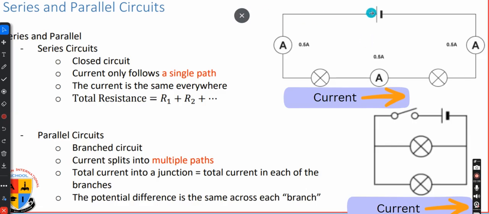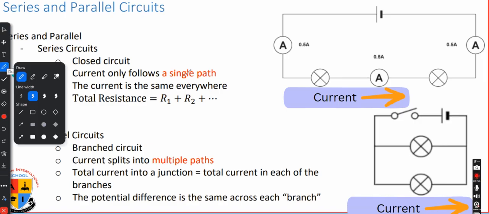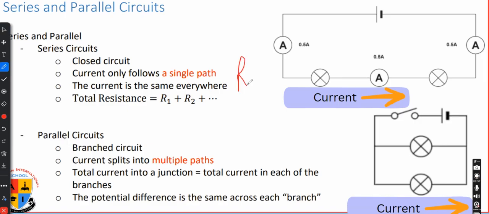Then it says the total resistance is R plus R1. If you want to work out the total resistance, you just add up the individual resistances. So for instance, let me give you an example. You want to work out the total resistance in this circuit.